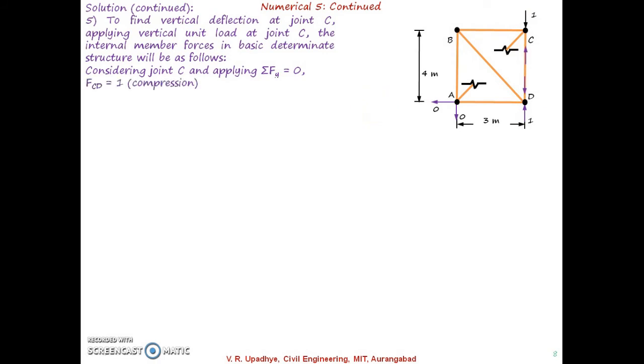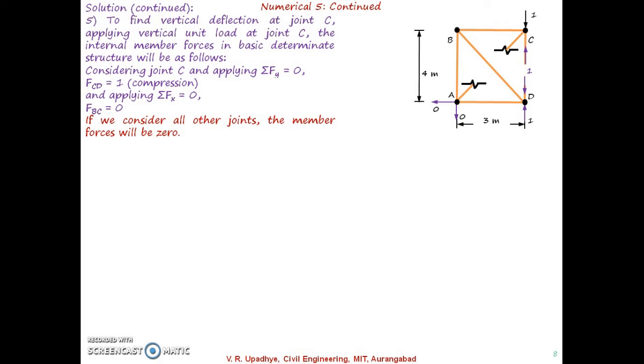So that gives us directly FCD, which must be opposite to the unit load applied, and that is 1, and that is compression. If we consider summation Fx equal to 0, there is nothing in horizontal direction at joint C, so FCB becomes 0. And if we go further for complete analysis, in all other members the member forces will be 0.